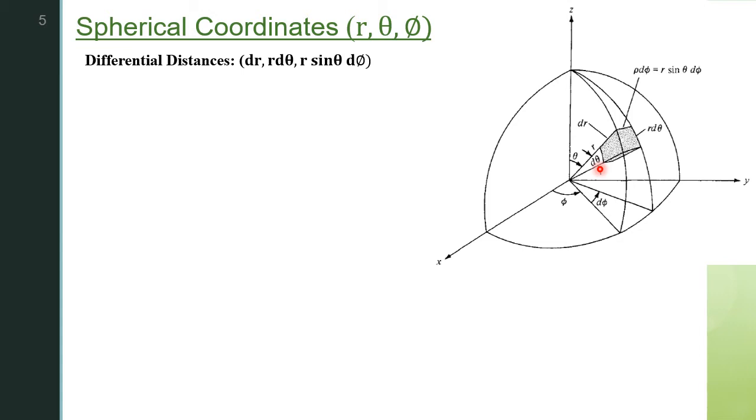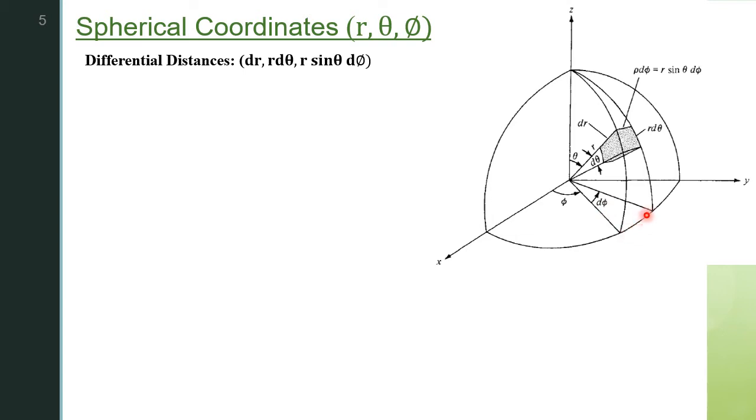When you consider the phi direction, it is the same as phi in the cylindrical coordinate system. There, the differential displacement was this length, and it is the radius of this sector times d phi. As you know, the radius of the cylinder was rho, so it is rho d phi.